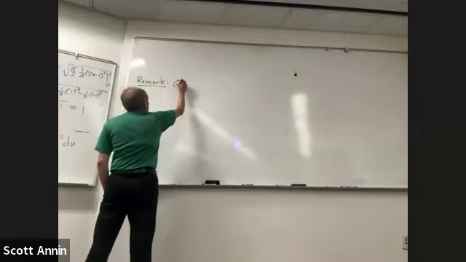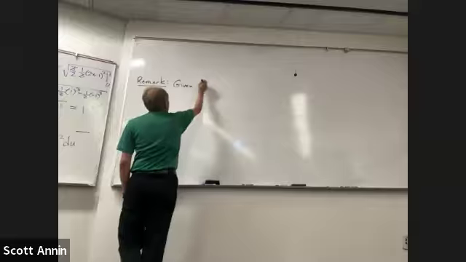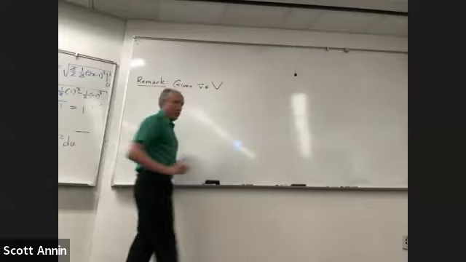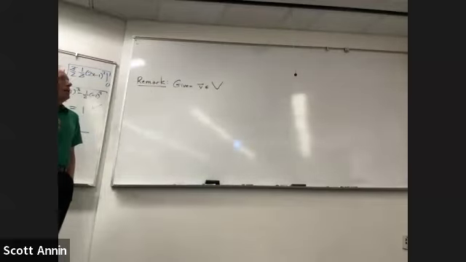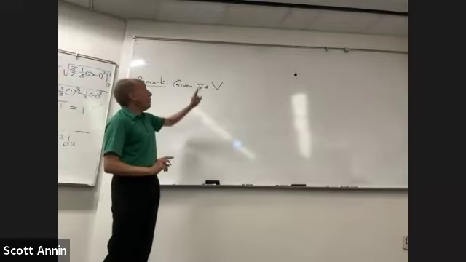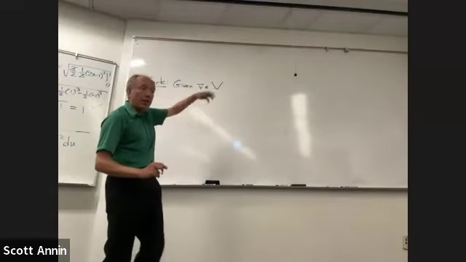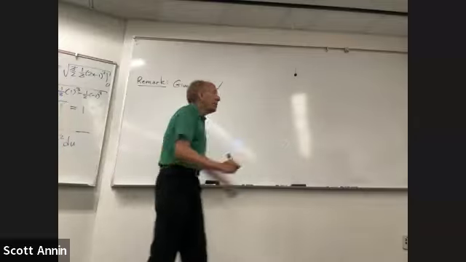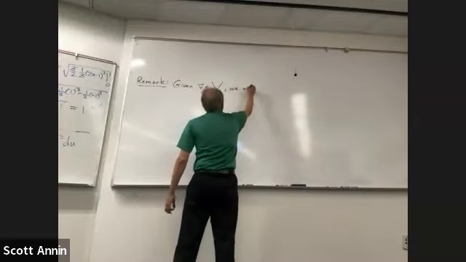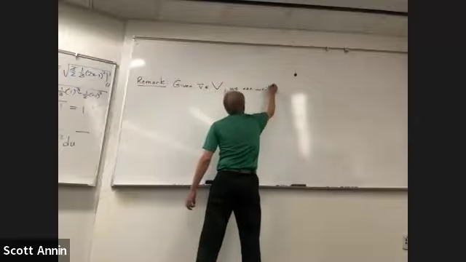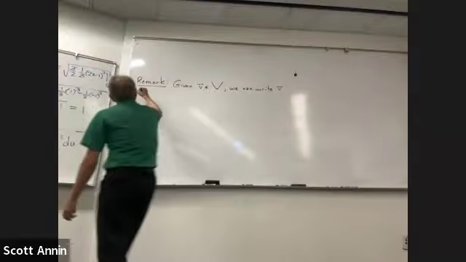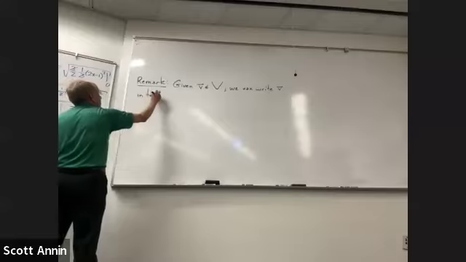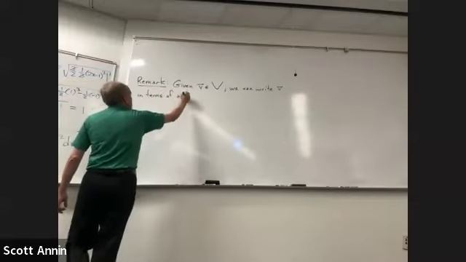But I just want to make this point that given any vector v in a vector space, we already know that we can write that vector in terms of a basis, right? So we can write v in terms of a basis.